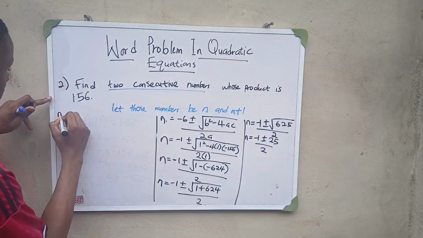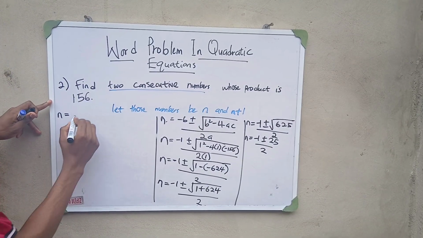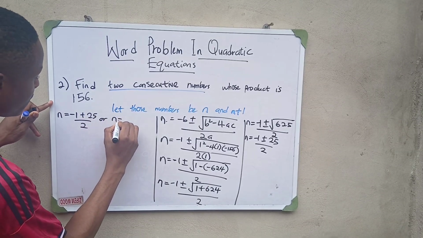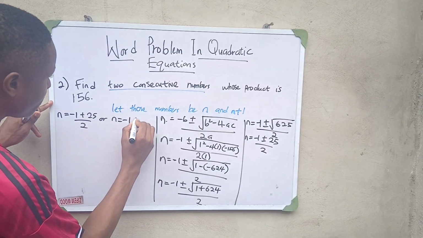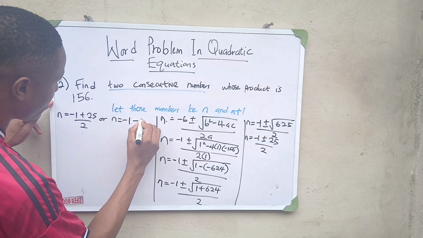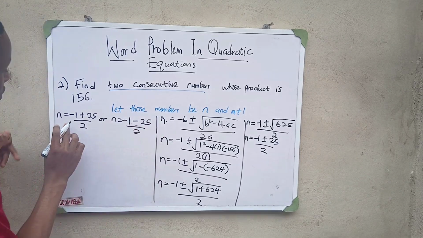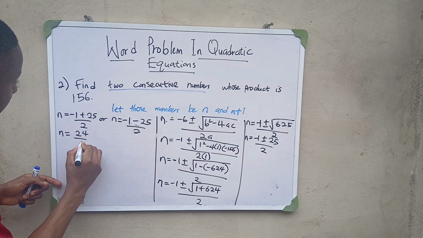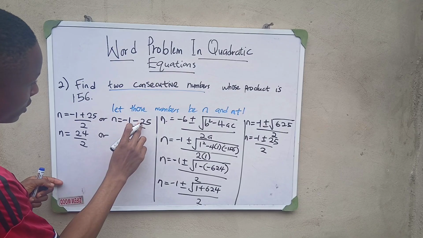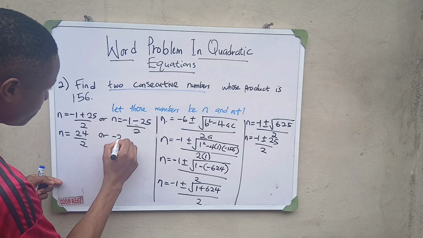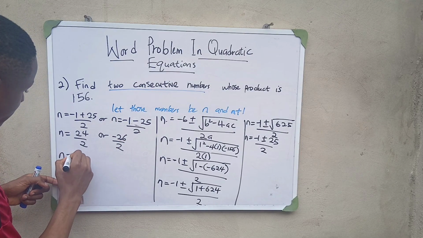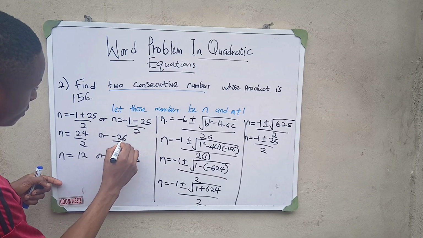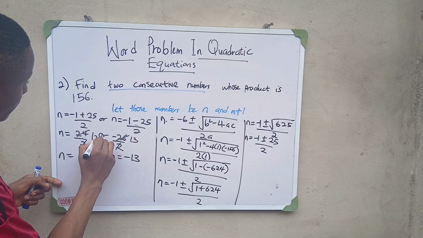So therefore, n is equal to minus 1 plus 25 over 2, or n is equal to minus 1 minus 25 over 2. So minus 1 plus 25 is 24. So n is 24 over 2, or minus 1 minus 25 is minus 26 over 2. So n is 12, or n is minus 13. 2 goes there is 13, 2 goes there is 12.